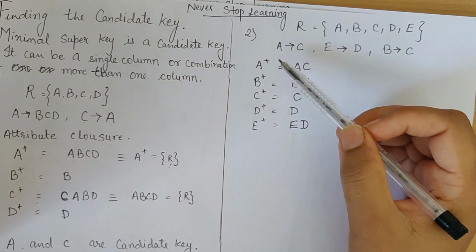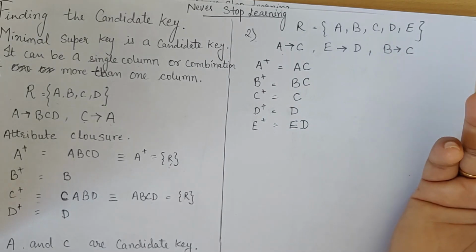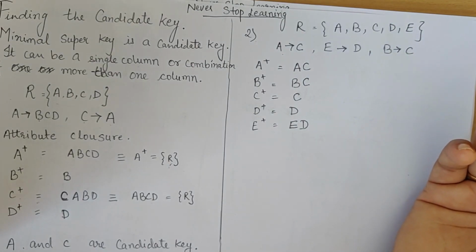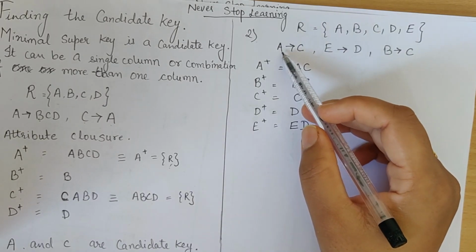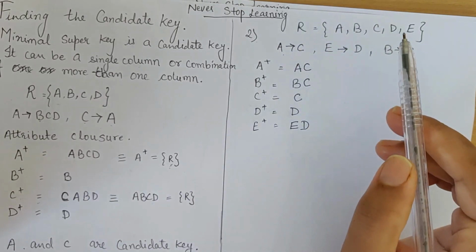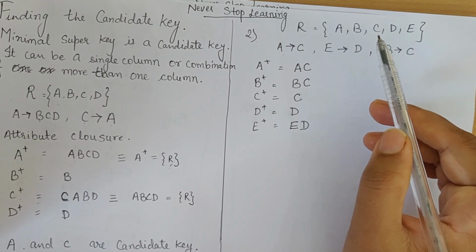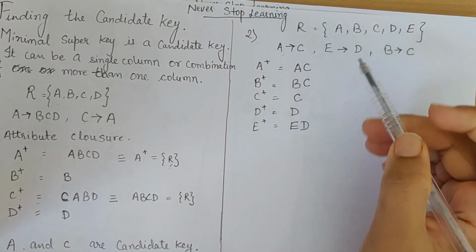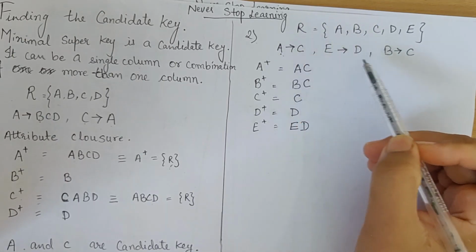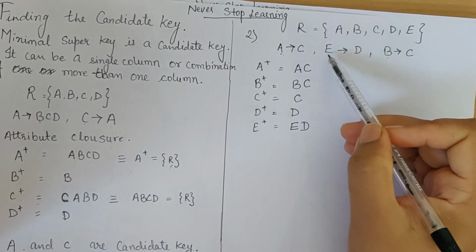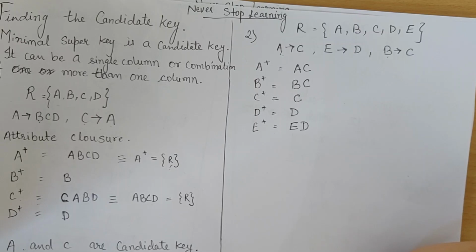So those elements are the possible combination to become a candidate key. Here, A is present on the left hand side, B is present on the left hand side, and E is present on the left hand side.